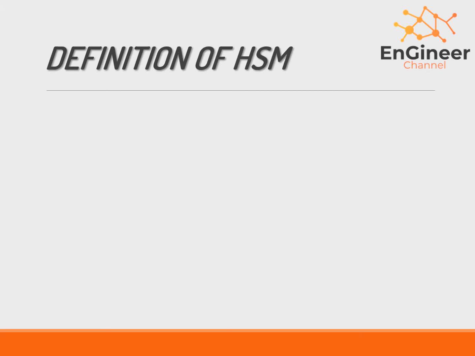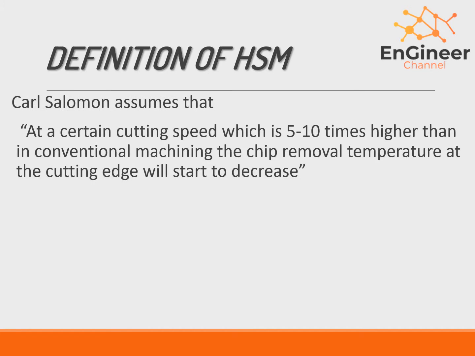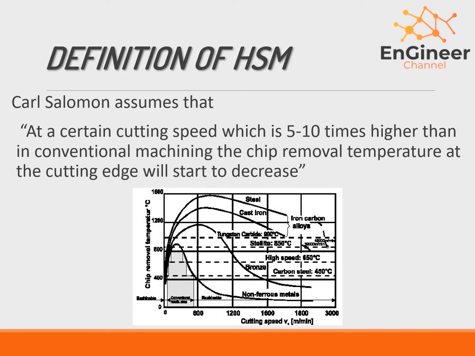Let's begin with the definition of HSM. Carl Salomon assumes that at a certain cutting speed, which is between 5 to 10 times higher than in conventional machining, the chip removal temperature at the cutting edge will start to decrease, like you see in this picture.